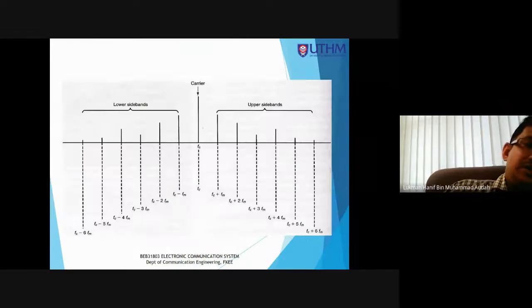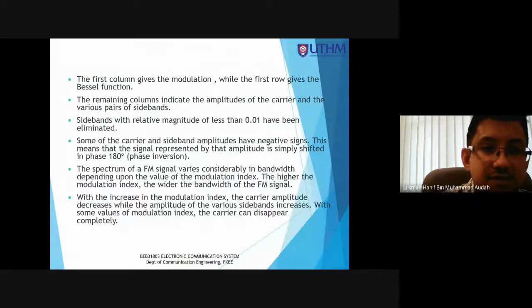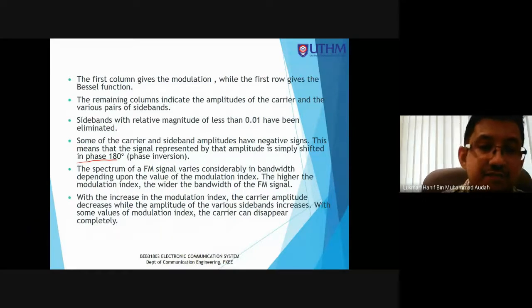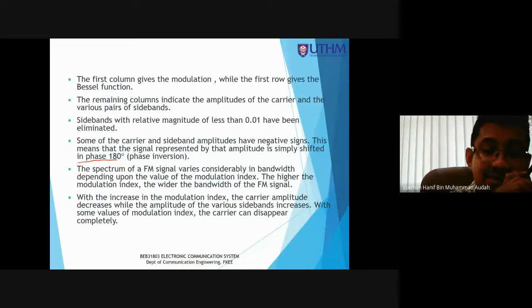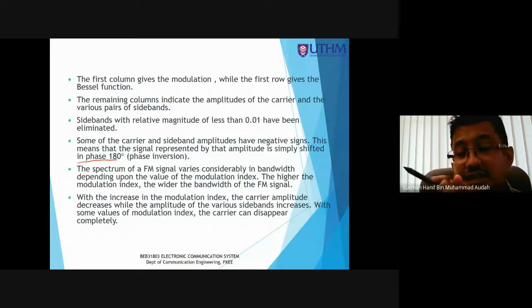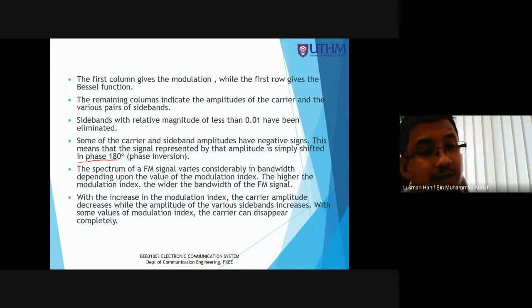So it is also explained here that the negative is actually referring to the 180 degree phase inversion. So that negative is actually the polarity to show the phase shift, 180 degree.